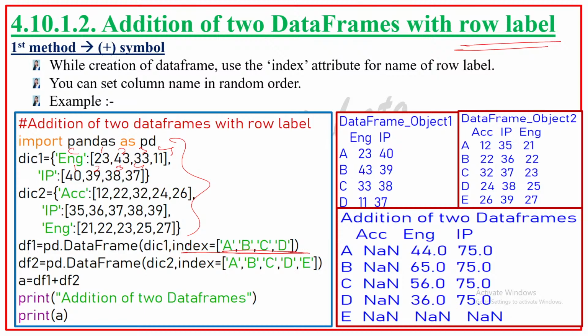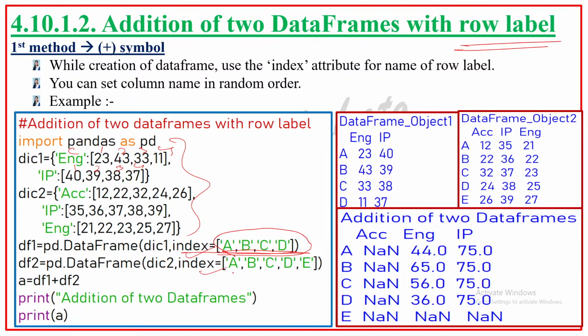That is why the index should be the same length. Index and values are the same length. So this is the first data frame index, and this is the second data frame index.